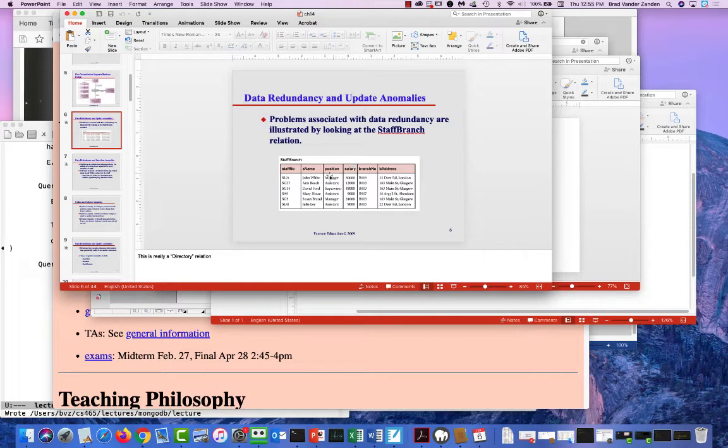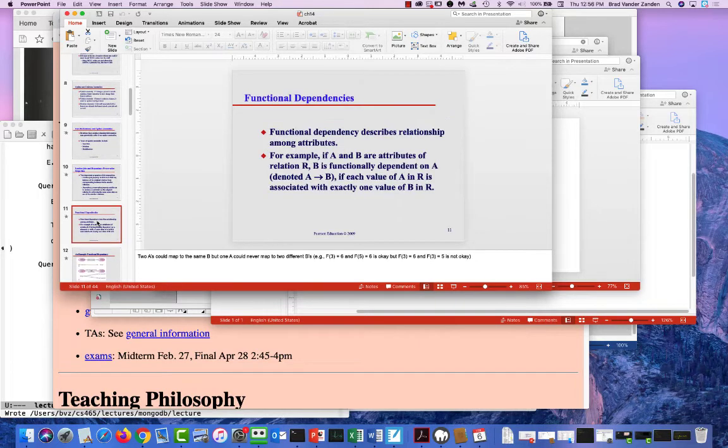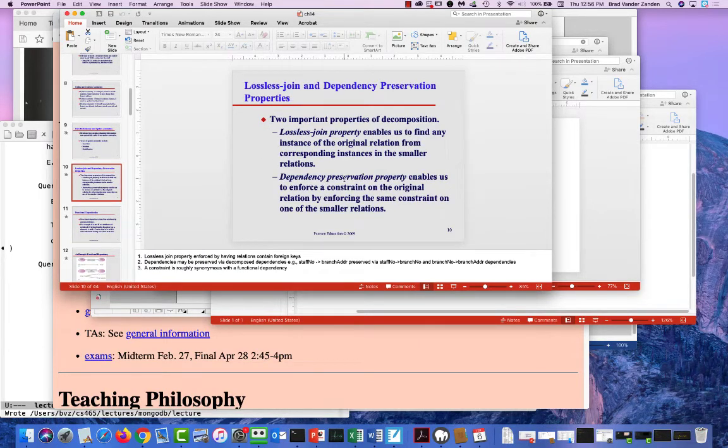So we'd make sure that that information all went as a package. So if we have one attribute that determines some other attributes, if we move the defining attribute like staff number, we have to move all of its dependent attributes with it. So that's what we are saying here with the dependency preservation property. It's essentially saying that when we move some key or independent attribute, we have to move all of its dependent attributes with it.